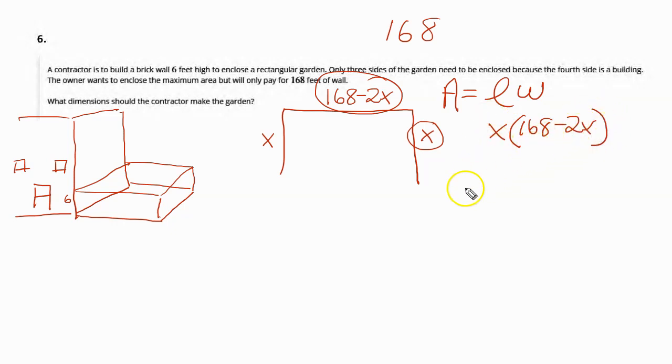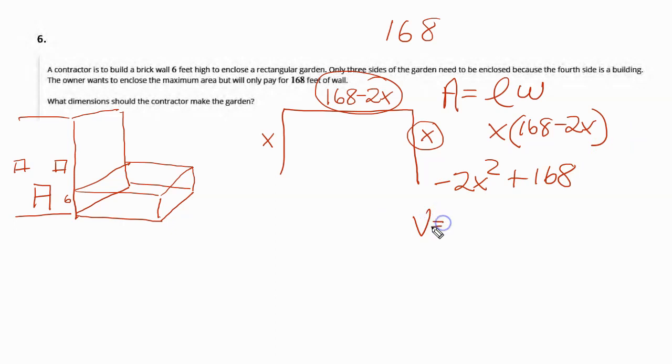And then I'm going to put it in standard form. So we get a negative 2x squared plus 168x would be our area. But we want to find the maximum. So again, our a term here is negative.